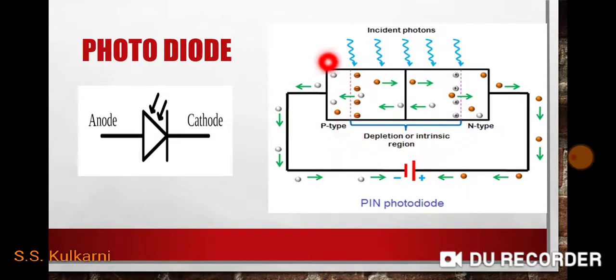Now, when light is incident on this depletion layer of photodiode, the photons in the light will get absorbed in the depletion layer. The electrons become unstable and they will take part in conduction. That means the current flows across the output of photodiode.